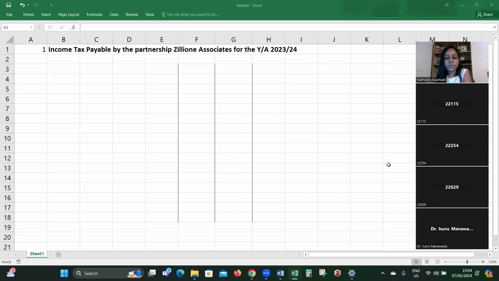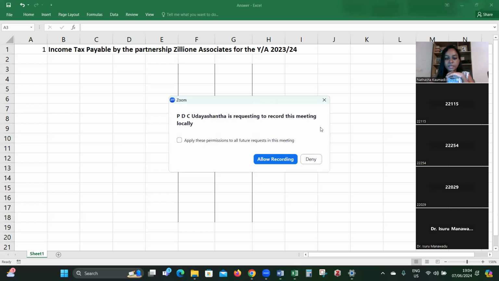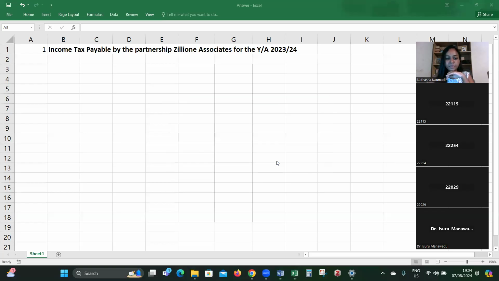What are the four sources quickly? Yes. Employment income, business income, investment income, and other sources.